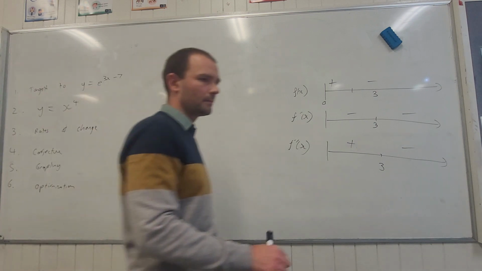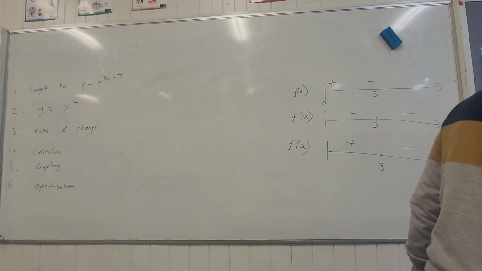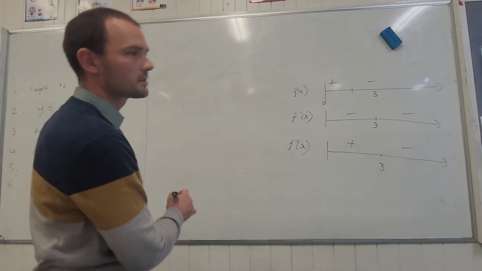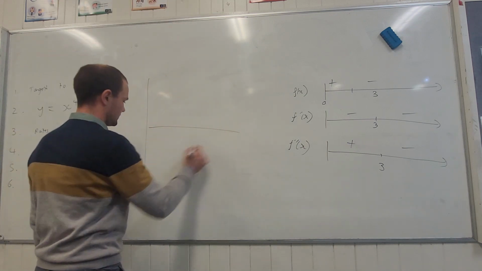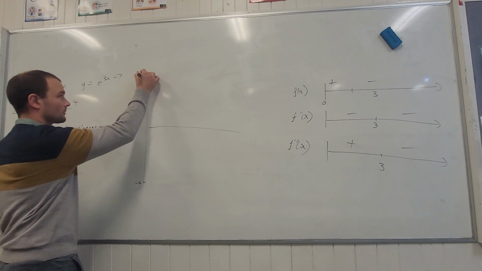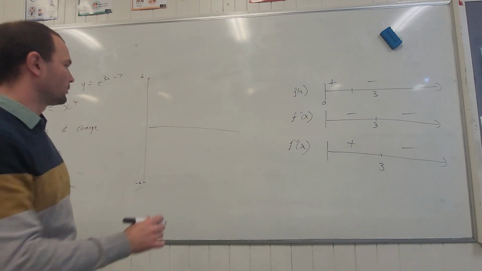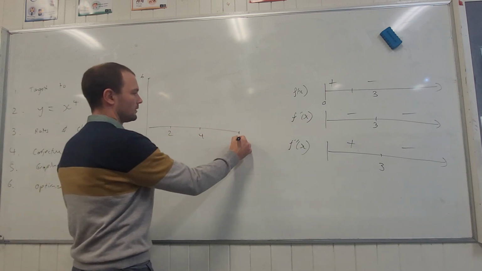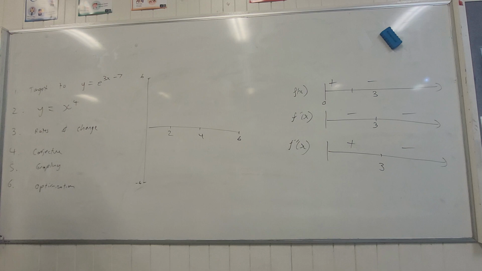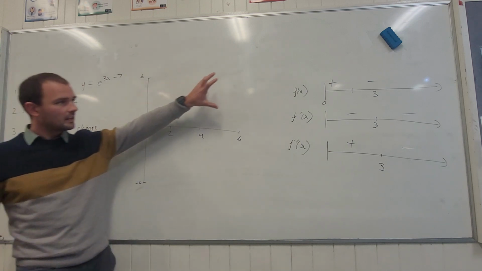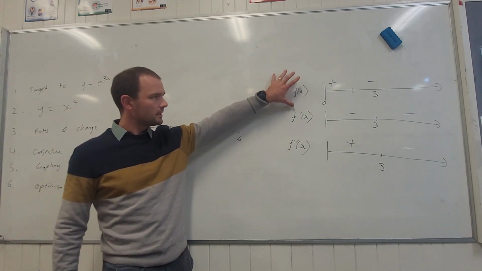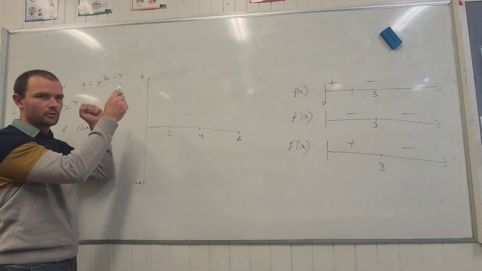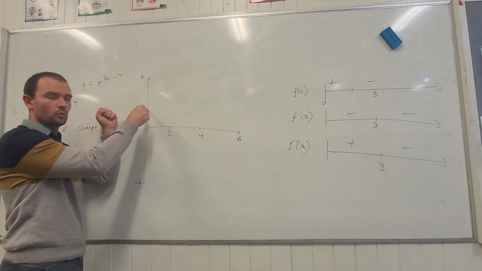We're sketching a graph of the original function, and they've given us this plane here, going from -6 to +6, with 2, 4, 6. If we're thinking about the original function, we're told when x is 0, the y value is 2.